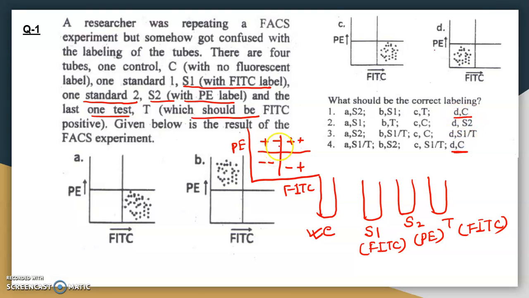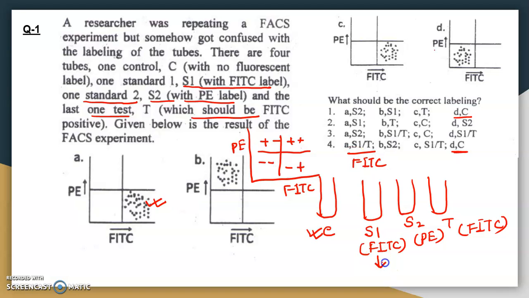Now double positive, both positive. In the double positive quadrant, there is no tube. So see the first one, this may be FITC positive.